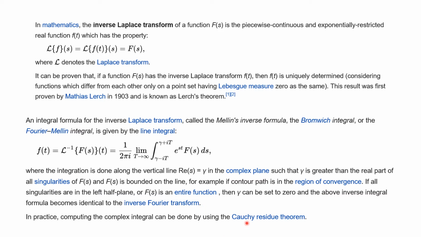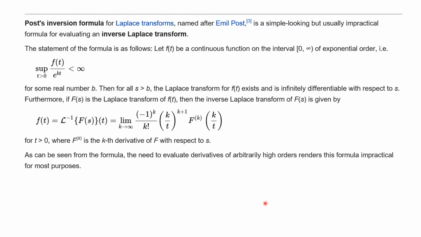In practice, this is done using the Cauchy residue theorem, and this is all complex analysis. There's also a Post inversion formula for Laplace transforms, named after this guy. He wrote this paper in 1930, and this is a simple-looking but usually impractical formula for evaluating it.